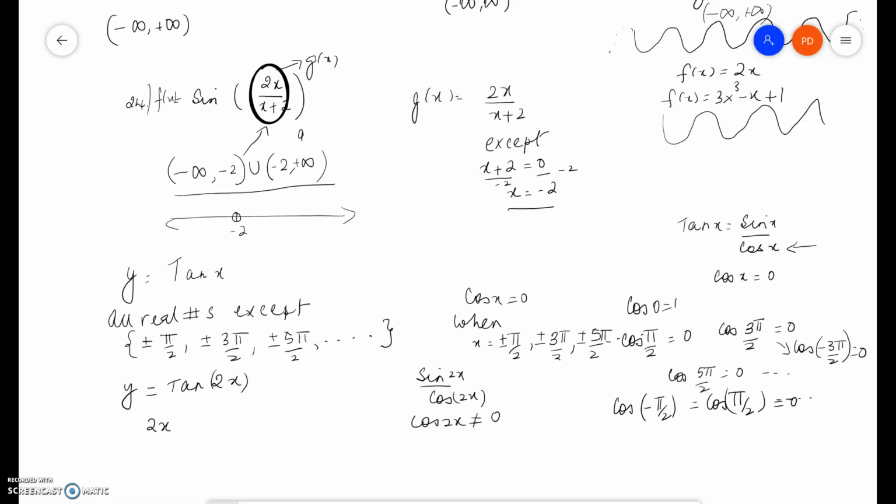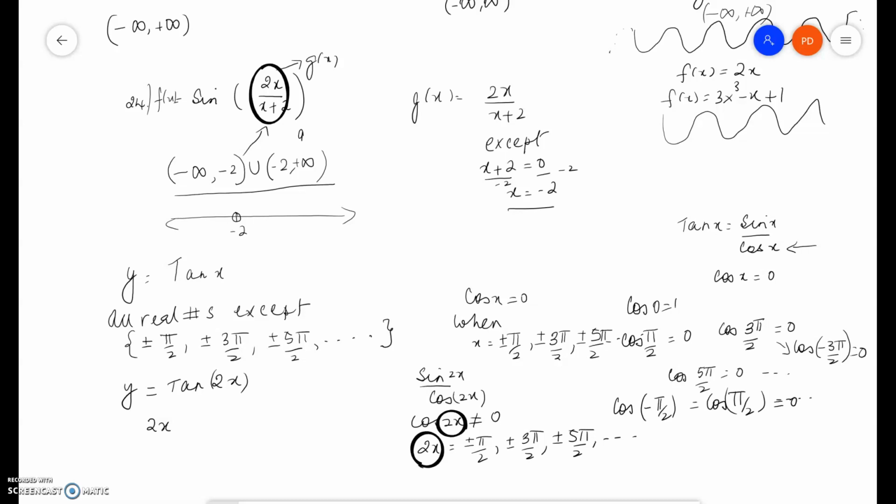So let's see when it is equal to 0. 2x would have to be equal to plus or minus pi over 2. Remember, that's our 2x. We need to make sure that angle 2x is not equal to plus or minus pi over 2, plus or minus 3 pi over 2, plus or minus 5 pi over 2, etc. All odd multiples of pi over 2. So we need to make sure that the angle 2x is not equal to these numbers.